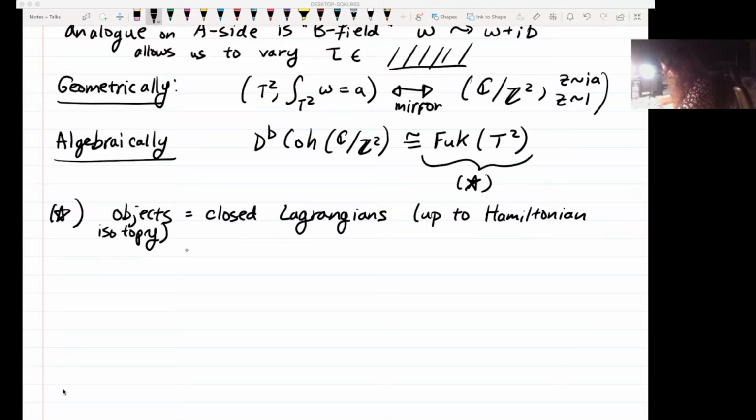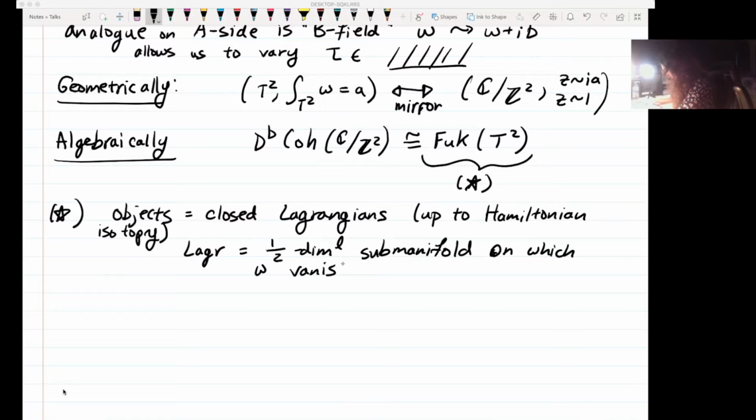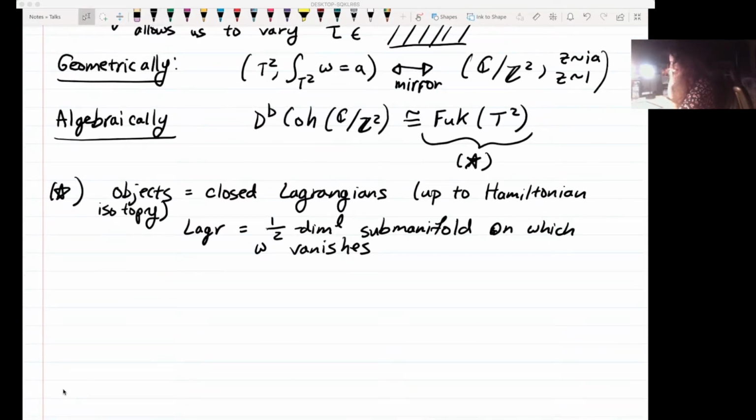So a Lagrangian is just a half-dimensional submanifold on which the symplectic form vanishes. So you could think of it as, say, if you have a complex manifold, it's like the real part.